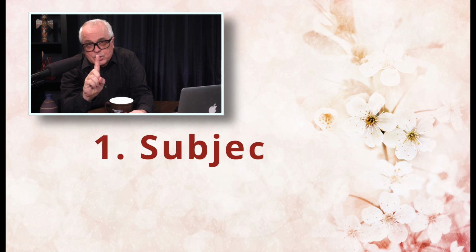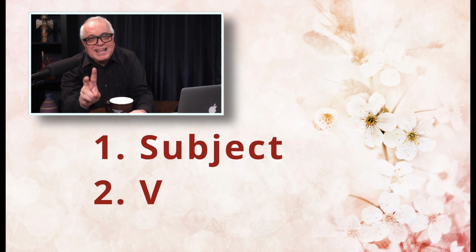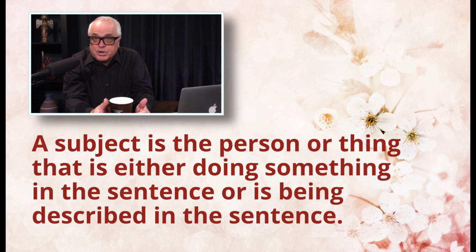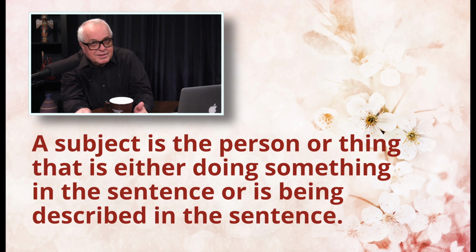Today, we will learn the basics about sentence structure in English. Simple sentence structure. Every sentence in English includes at least two parts. There's always a subject and a verb. What is a subject? A subject is the person or thing that is either doing something in the sentence or is being described in the sentence.